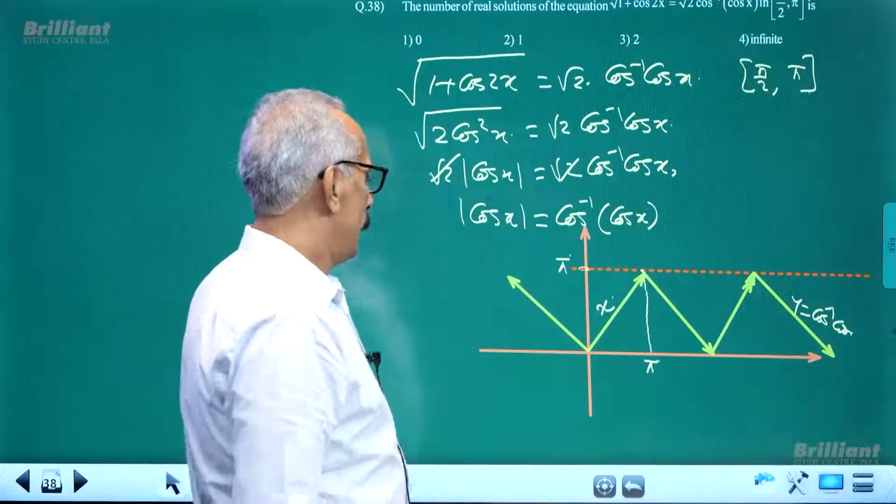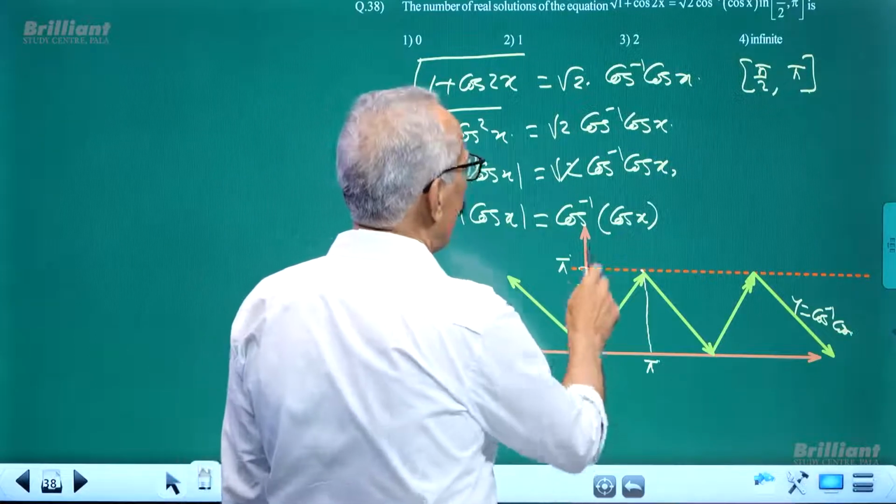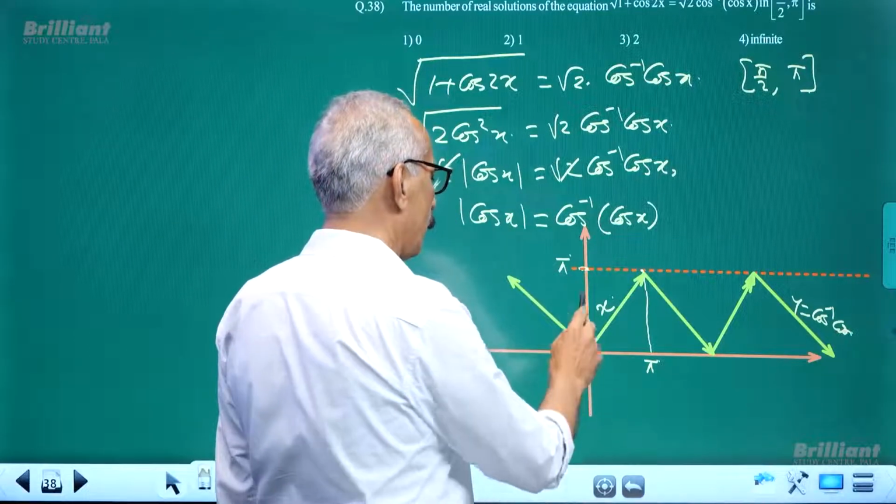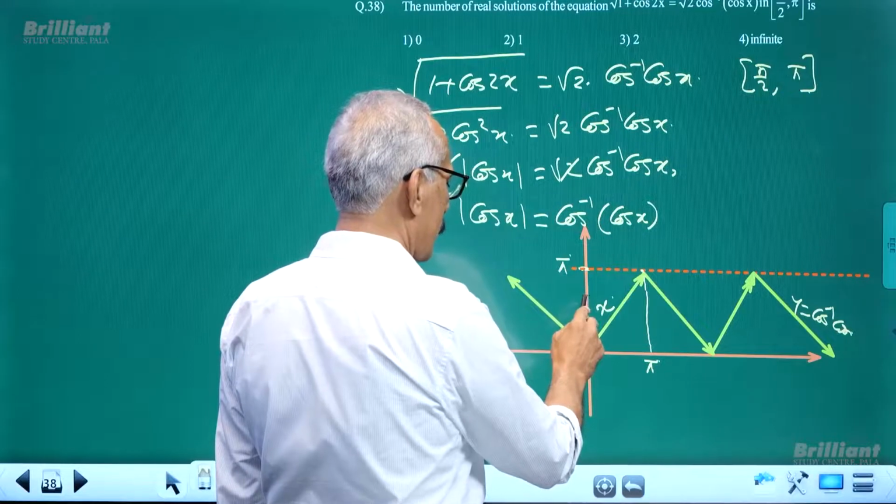Ready? Now, you know, modulus of cos x graph you all know. Modulus of cos x is what there then? That is 1.